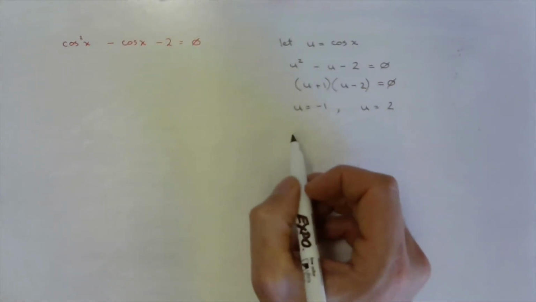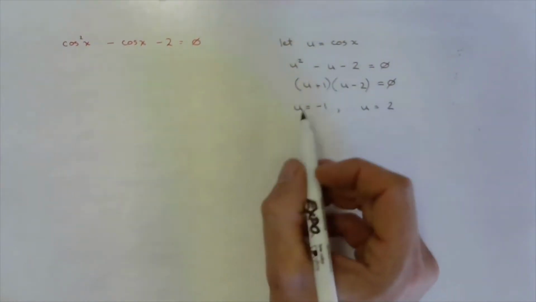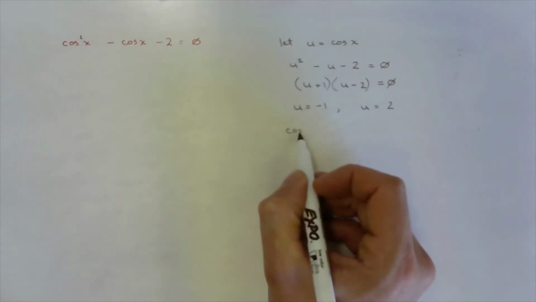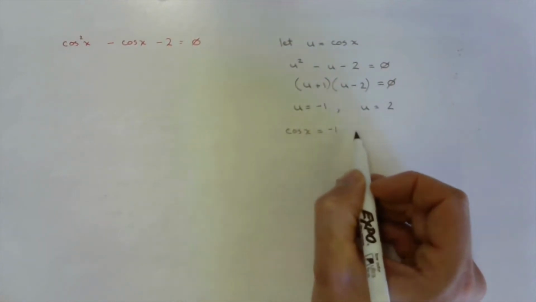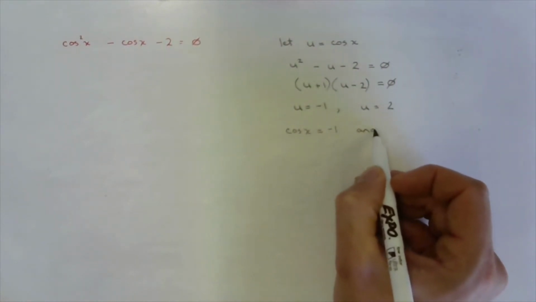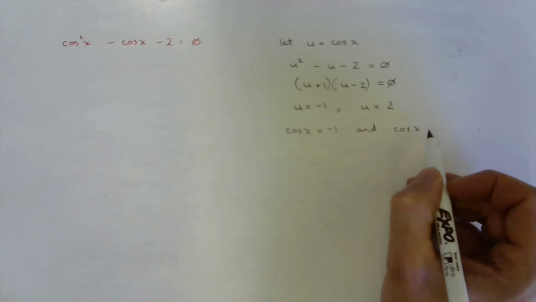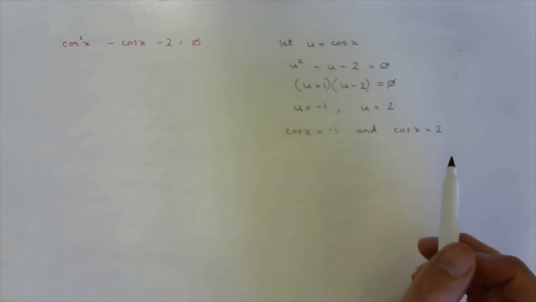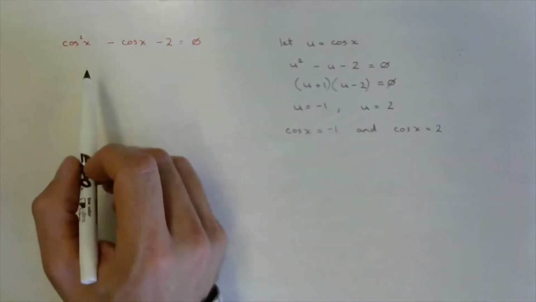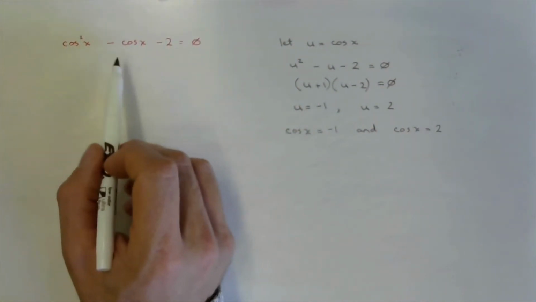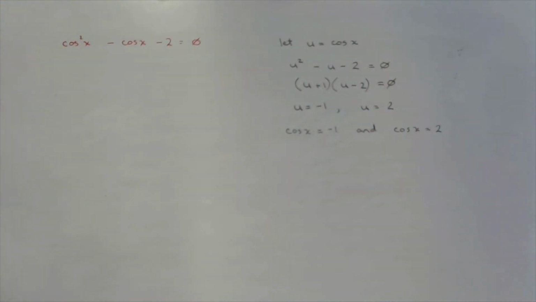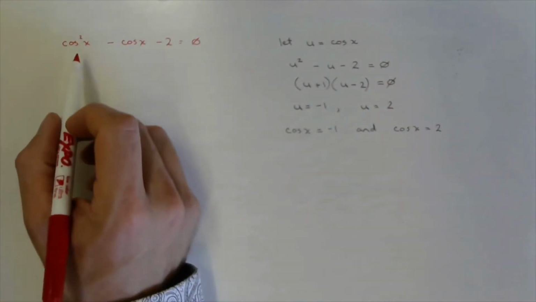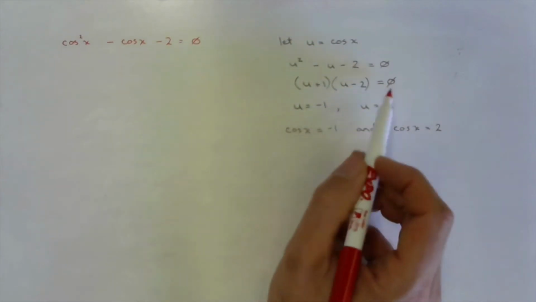Then you could sub back, since u is the cosine of x, then you could say, okay, the cosine of x equals -1 and the cosine of x equals 2, and then you could go from there. That makes sense? It's essentially what we're doing. We're just factoring, but you can also just leave it in terms of this.